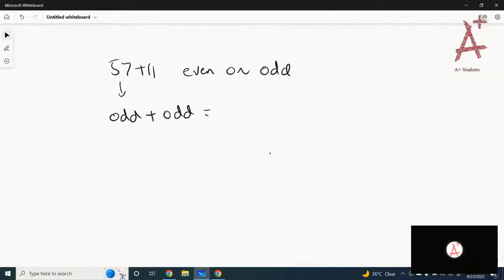So when you add two odd numbers, their answer must be an even number. You can check by adding them. 7 plus 1 is 8 and 5 plus 1 is 6. So it is 68. That means 68 is an even number. So when you add two odd numbers, their answer must be even. Got it? Select the correct option and click on the OK button.